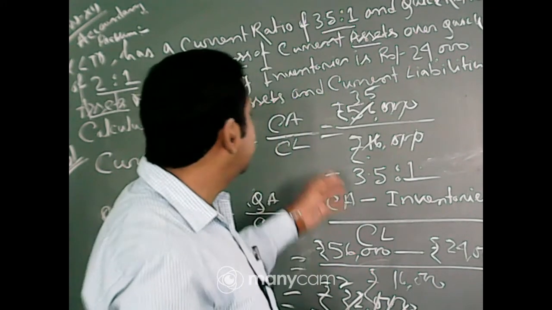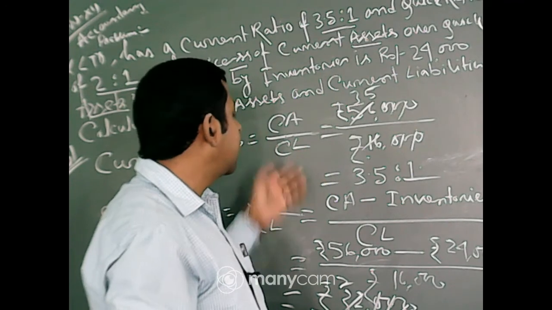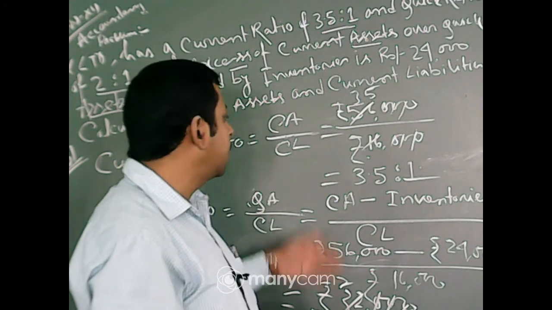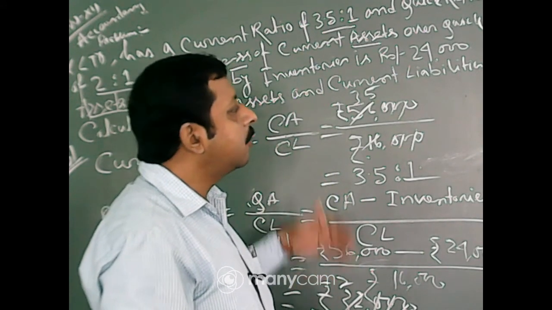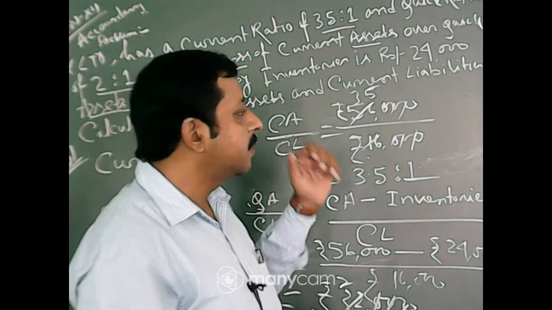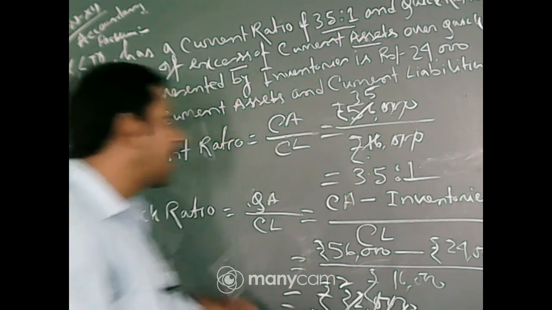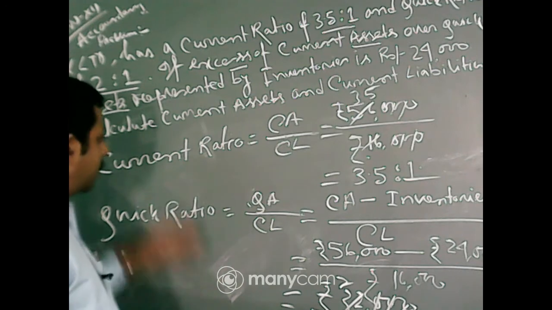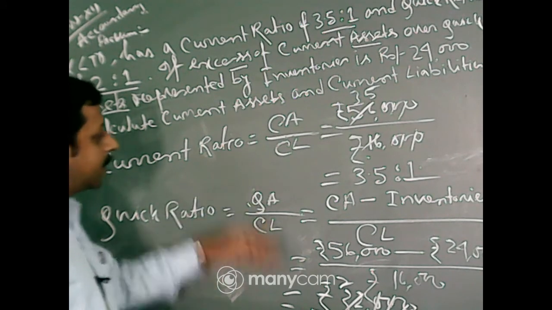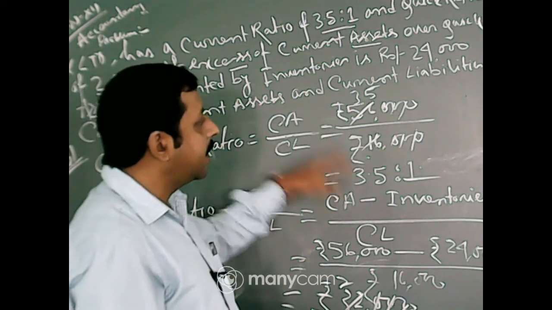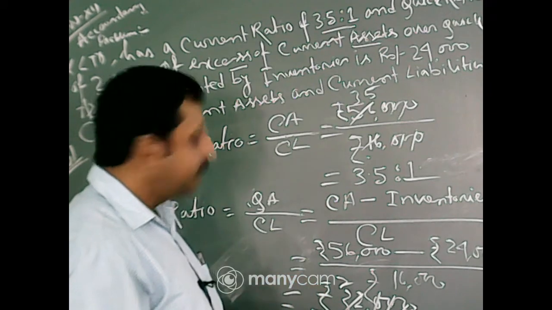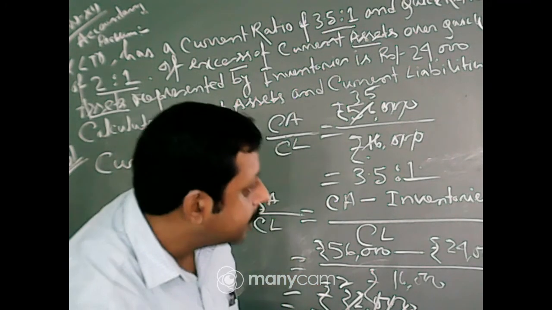So the current ratio should be 2:1 and the quick ratio should be 1:1. A higher ratio means they are not properly utilizing their resources. But the position is not bad, because in both the current ratio and the quick ratio, the current asset is higher than the current liabilities.